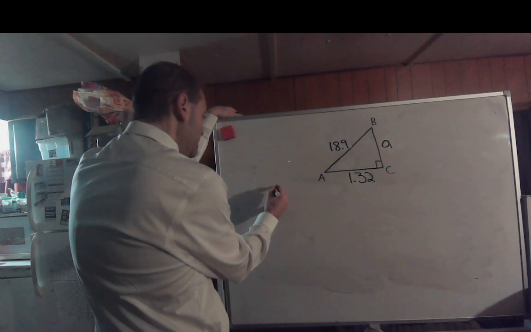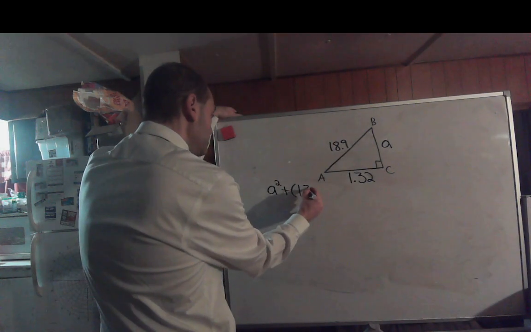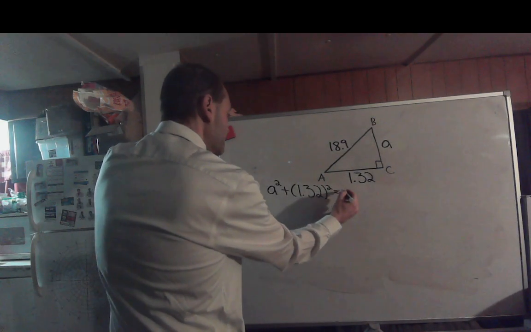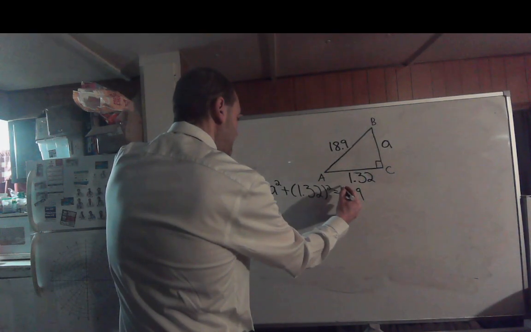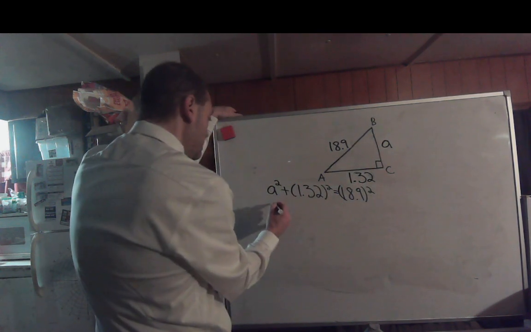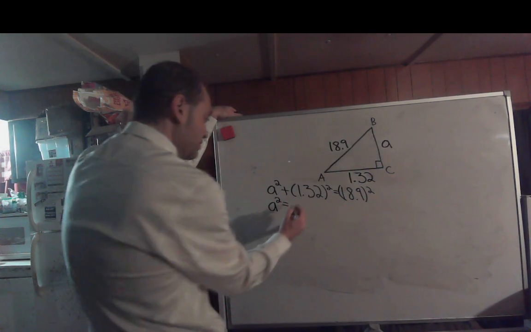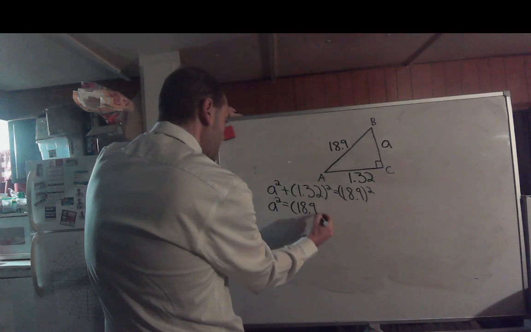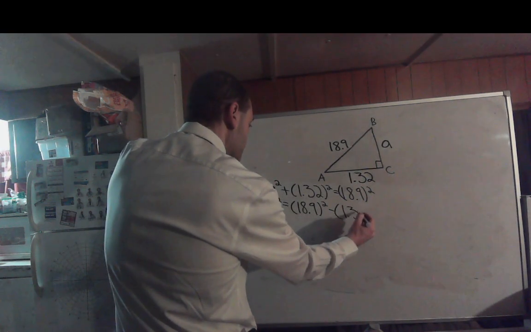So this means that A squared plus 1.32 squared equals that 18.9 squared. Which means that A squared equals that 18.9 squared minus that 1.32 squared.